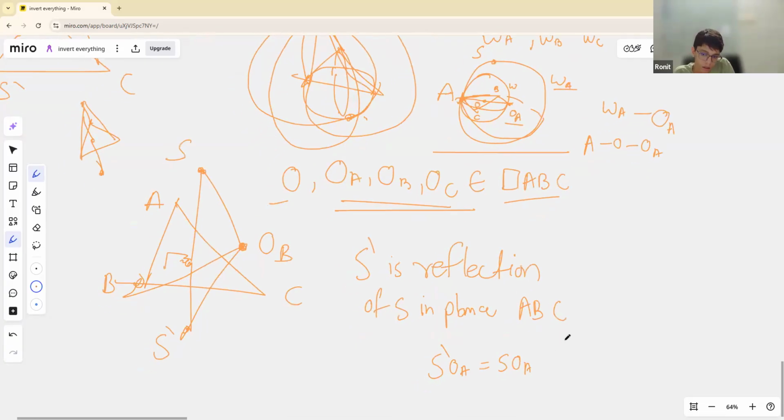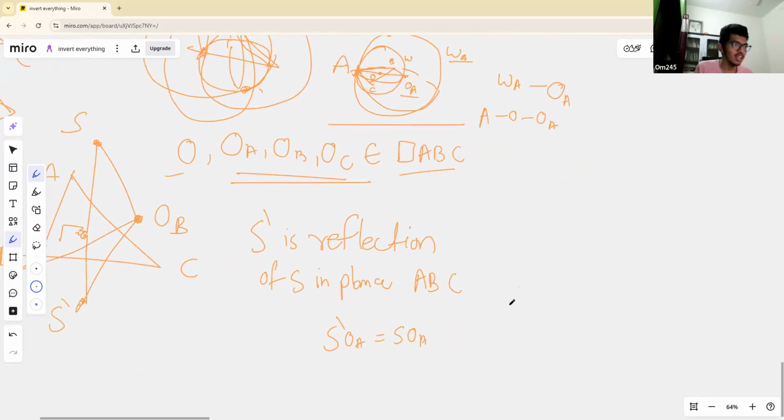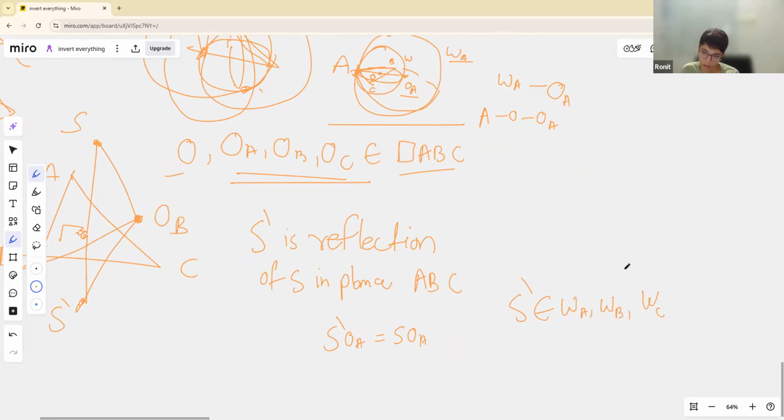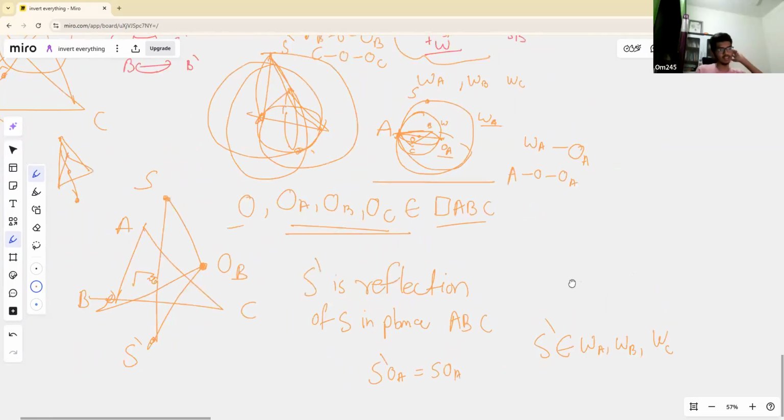Now you have this equal to this, and this similarly works for all of the centers, and that just implies S dash lies on omega A, omega B, omega C. So S dash is another intersection.